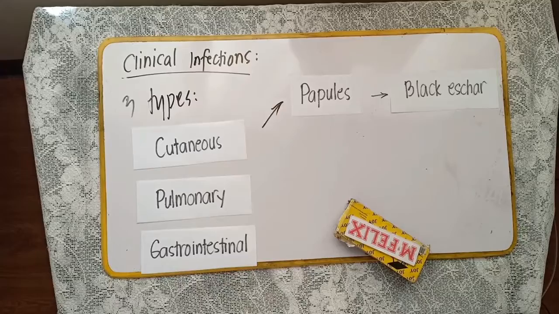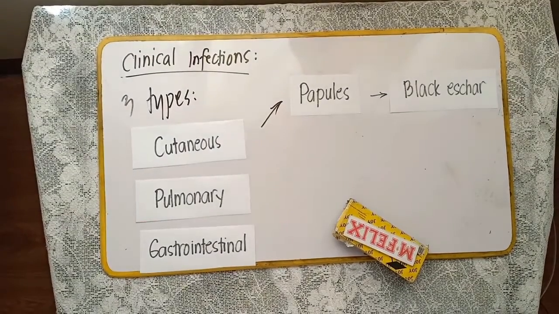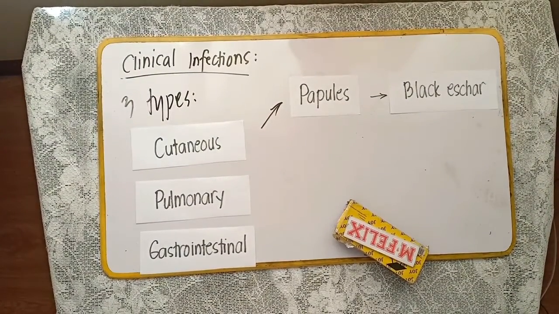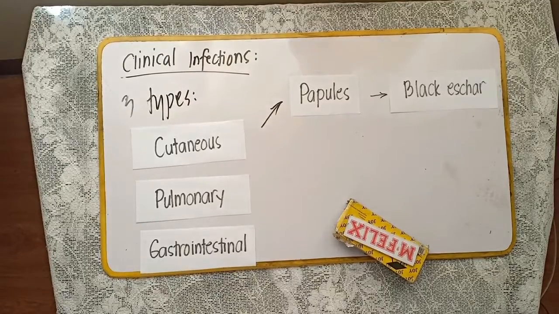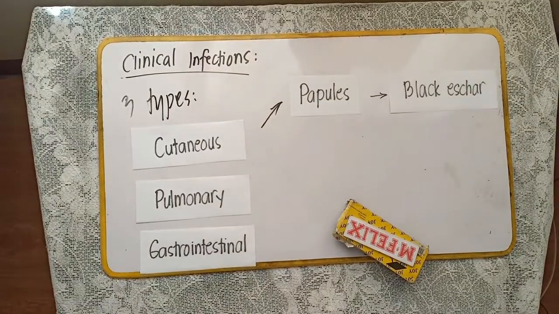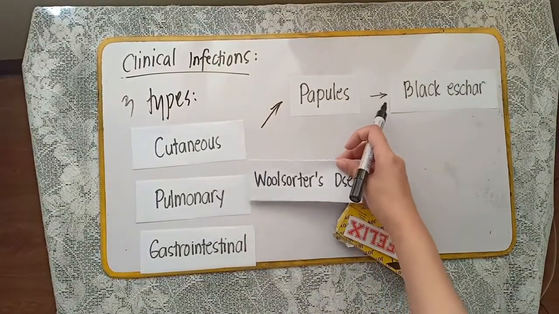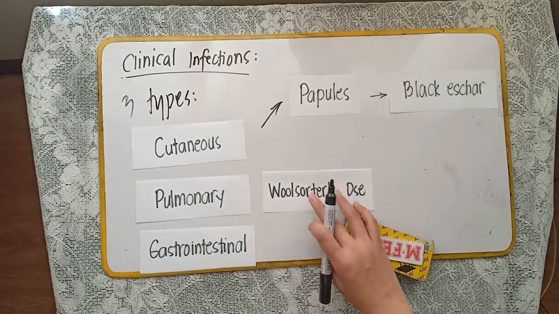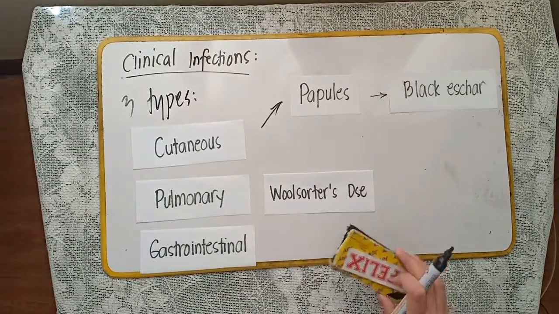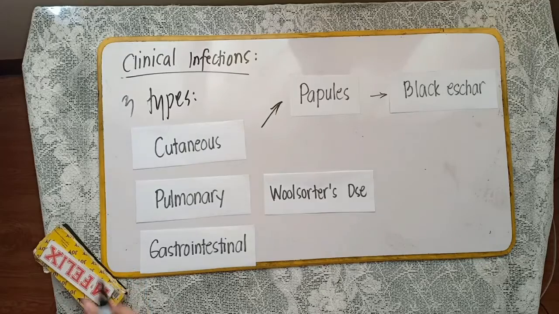And then next, we have pulmonary anthrax, also known as wool sorter's disease. Obviously, it can be acquired when spores are inhaled, and then they inoculate in the parenchyma area of the respiratory tract.